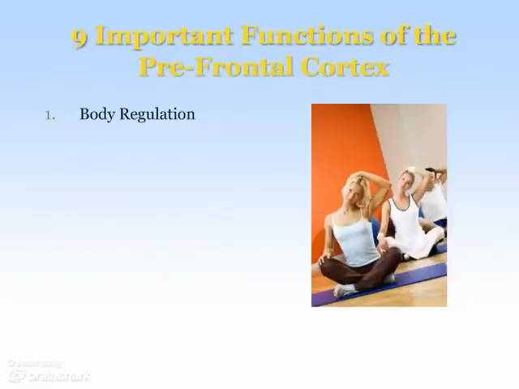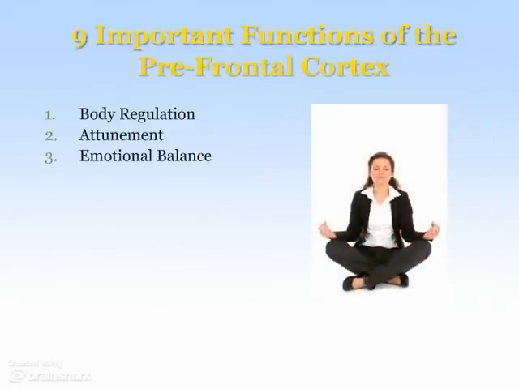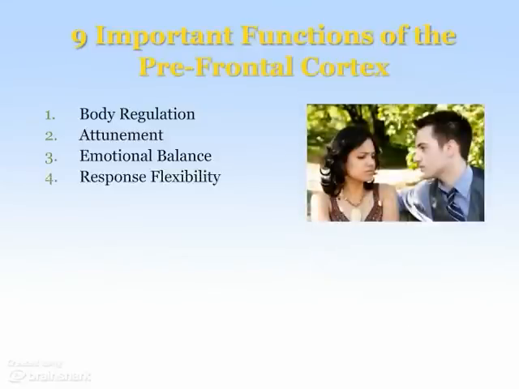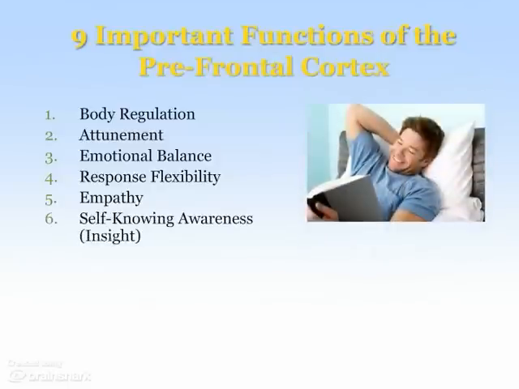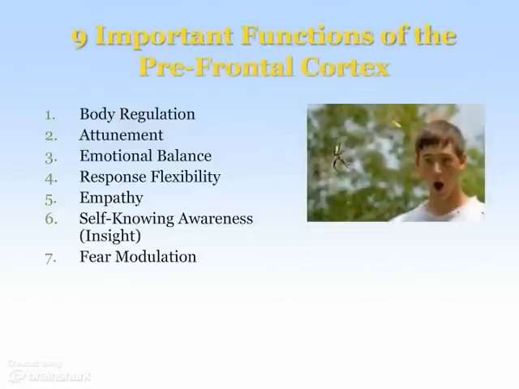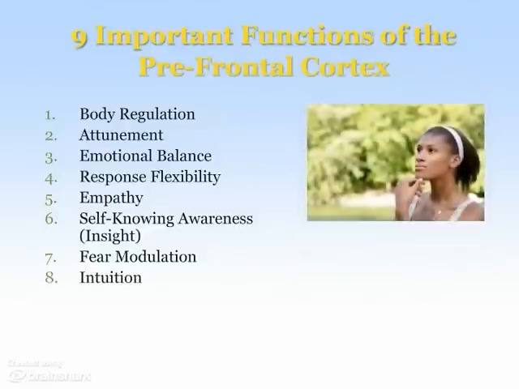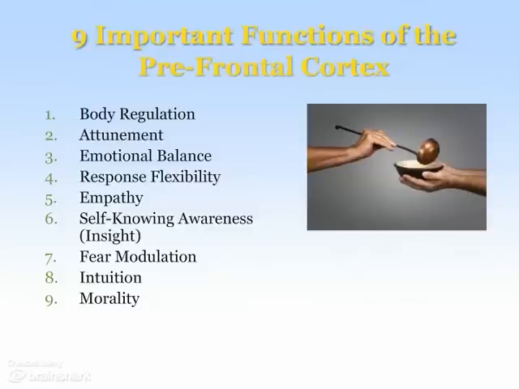It allows us to regulate our body. It allows us to have attunement with other people. It allows us to have emotional balance, to keep our emotions balanced, to have response flexibility or a pause button to think before we act, to have empathy, to be able to see something from another person's perspective, to have self-knowing awareness or insight, to understand what's going on inside of ourselves, something we might gain from our book, Conquer Your Critical Inner Voice, to have fear modulation, to be able to calm down our fear, to have intuition, and to have morality.